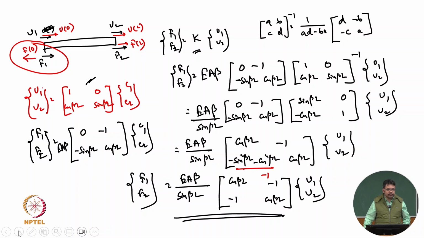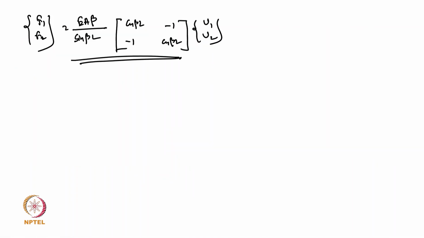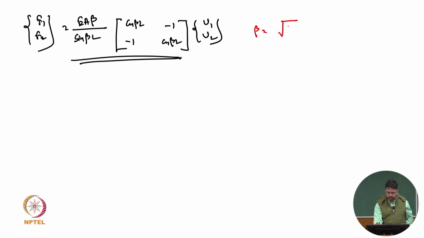Will that be happening? So this is my stiffness matrix, and beta was root of rho by E into omega bar. Now, if you think of the static case, omega bar is equal to 0. So beta should be equal to 0. Or I should say omega tends to 0.